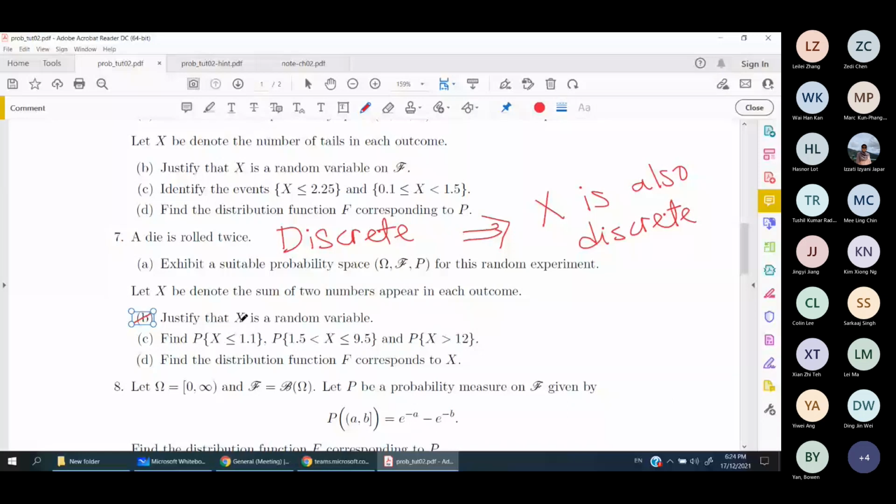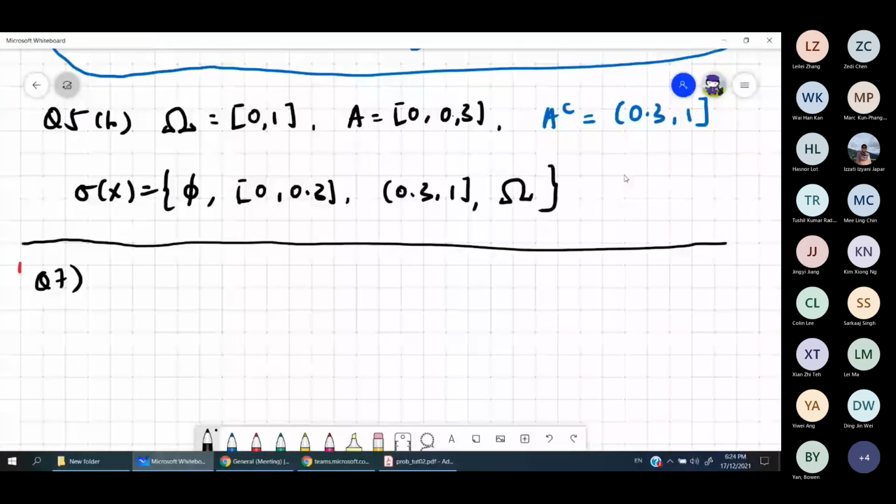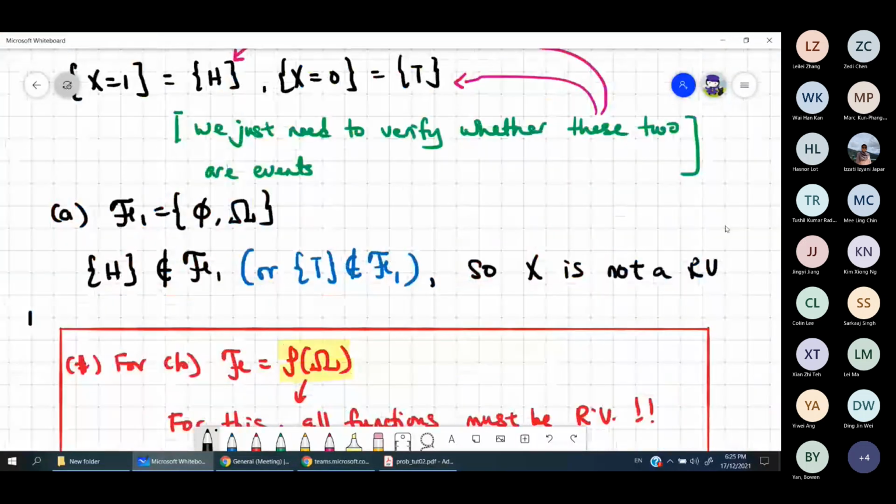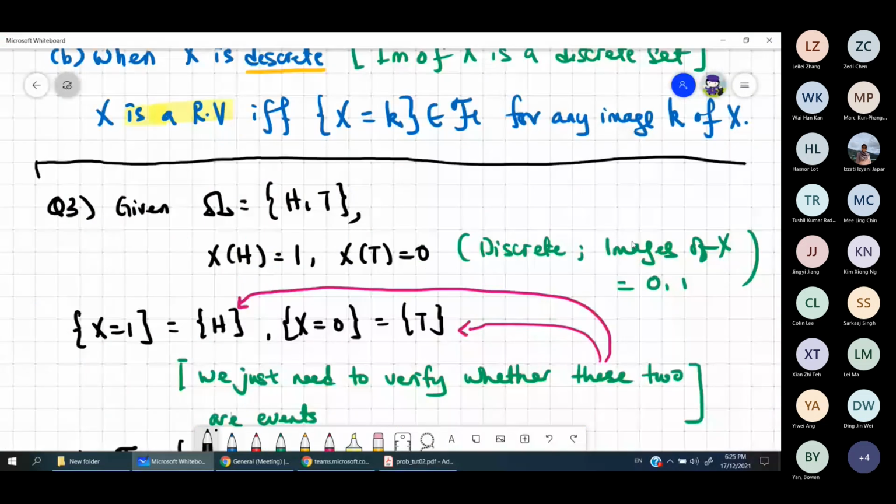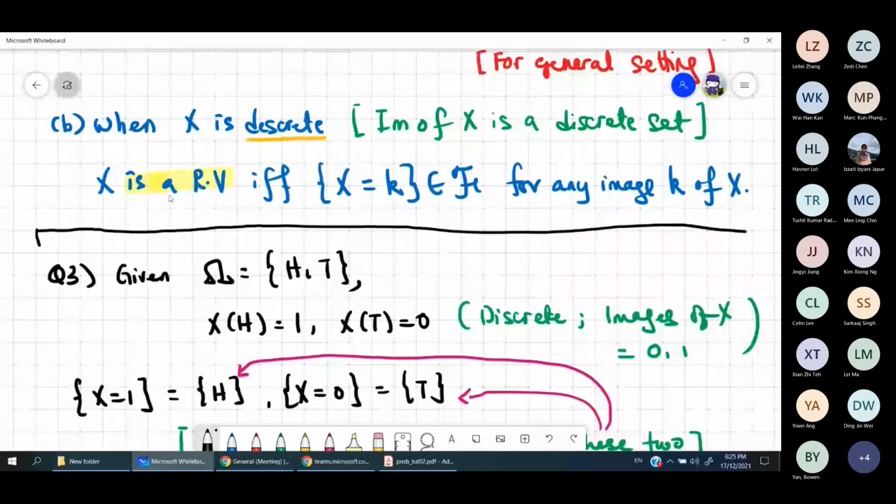So X is a discrete random variable. That's why we also go back to this criterion. So we are still talking about this criterion. What we need to do is just verify these conditions, so we just need to identify all the images of our X in this case.